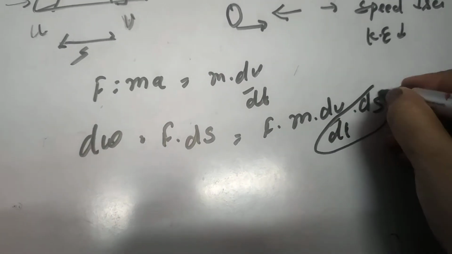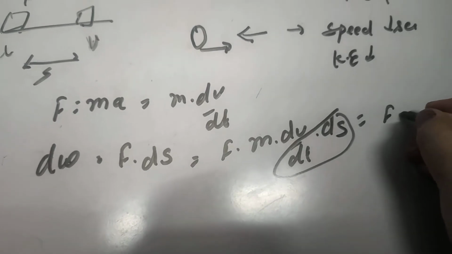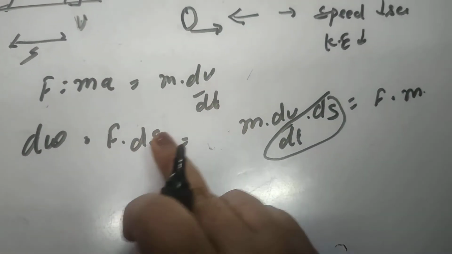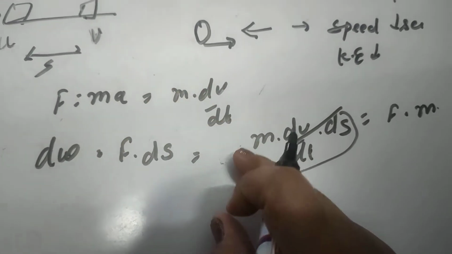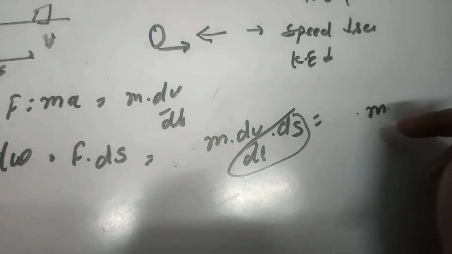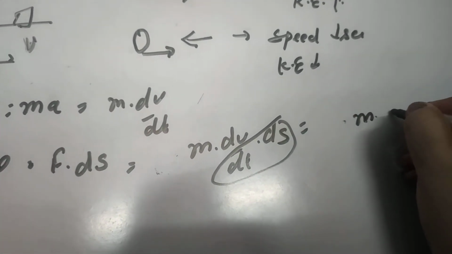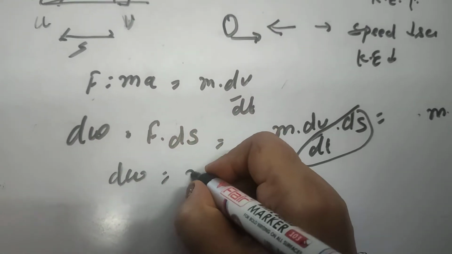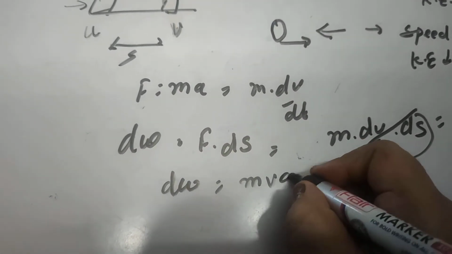Now ds by dt is v. So this is m v dv. So the small amount of work done comes out to be m v dv.